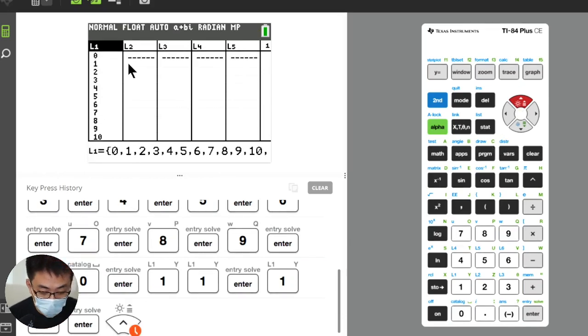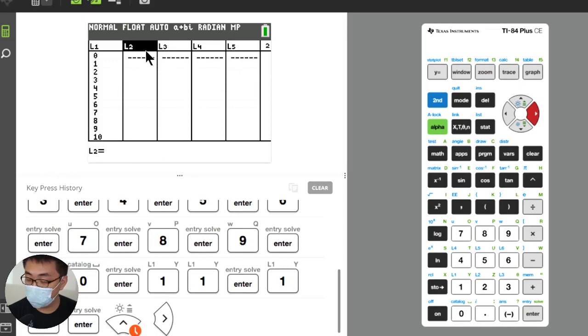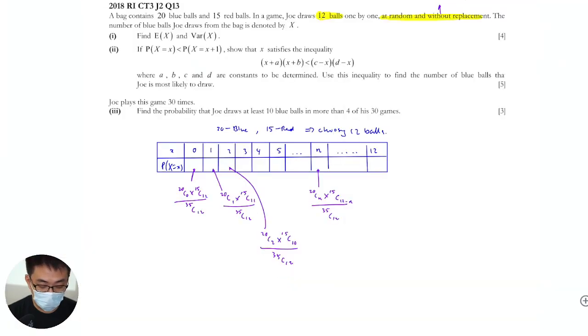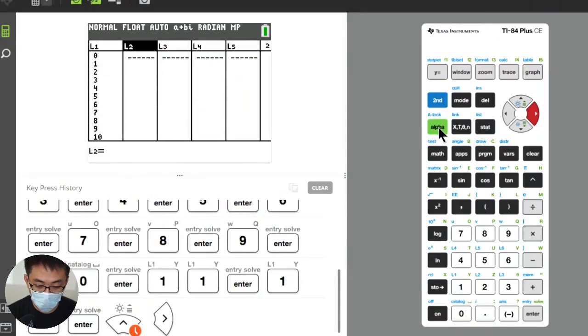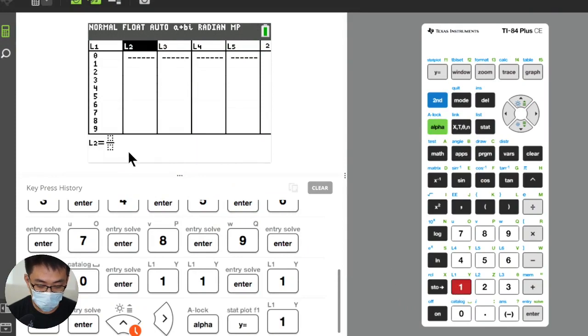Then how do we key in the formula for the second list? Go to the header of the second list and key in the formula. Alpha F1 gives you the list.